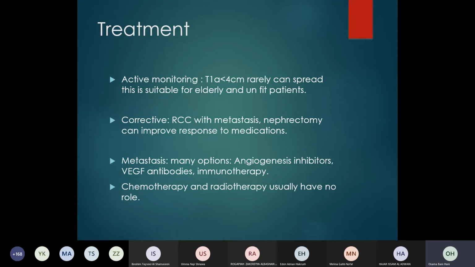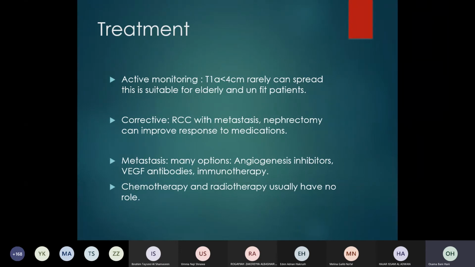We use active monitoring in very selective cases: if the patient has a T1A tumor less than 4 centimeters, which can rarely spread, or the patient is not fit for surgery, or is an elderly patient suffering from other pathologies, heart or pulmonary, and would not die from his or her renal cancer. The other option is corrective treatment, where we go for nephrectomy, either radical or simple, just to try to improve the response to medications.